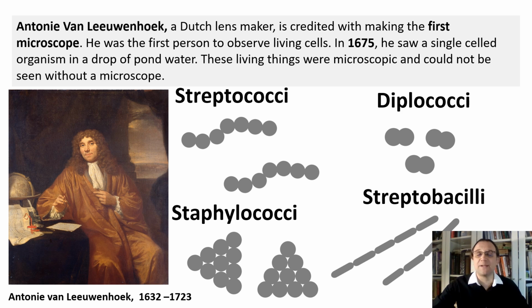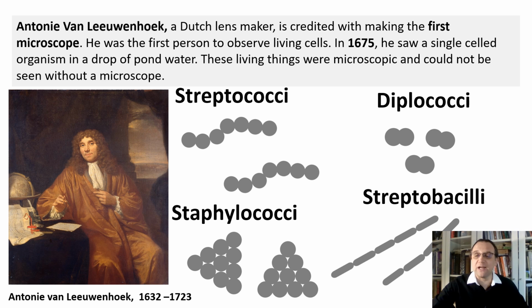Leeuwenhoek was a wealthy man who devoted the major portion of his time to scientific studies. He fashioned 250 microscopes, grinding most of the lenses himself. Leeuwenhoek was obsessed with his microscopic findings and examined with his scopes everything he could think of.